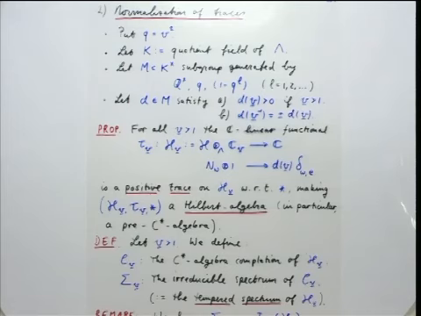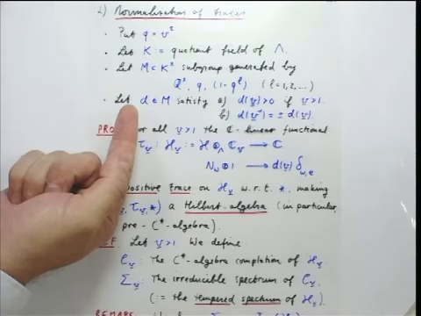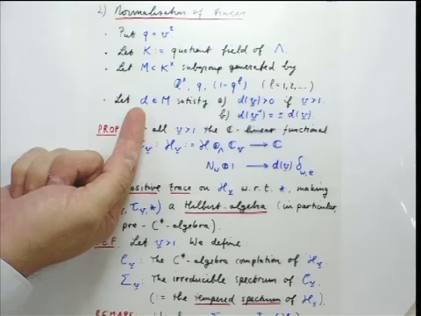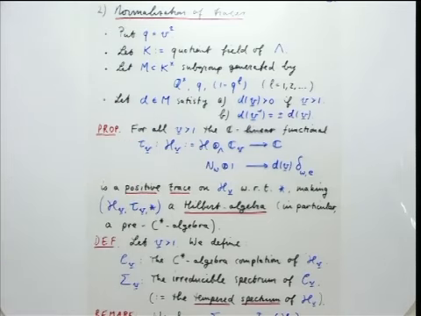Capital K here will be the quotient field of lambda, and I choose an element d to normalize the traces for different values of v by an element little d, and that should be an element of the subgroup of the multiplicative group of K generated by the rational constants, by powers of q, and by cyclotomic polynomials.